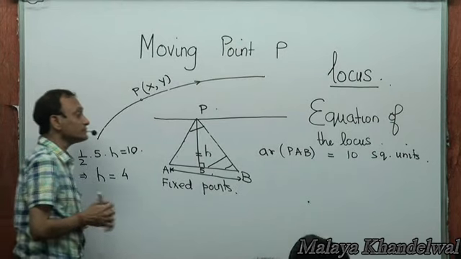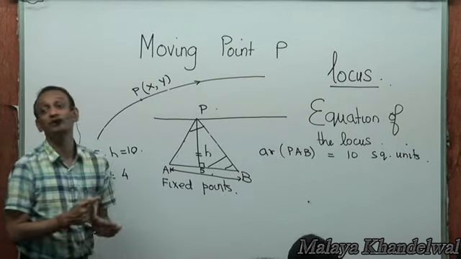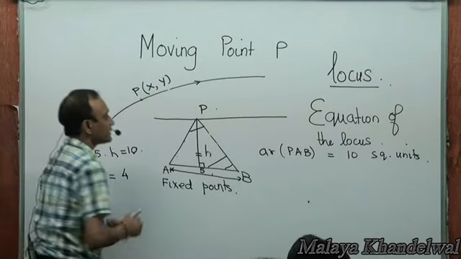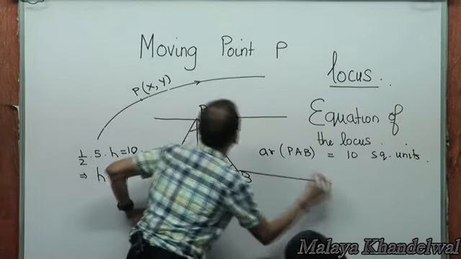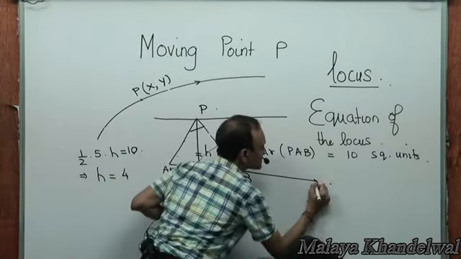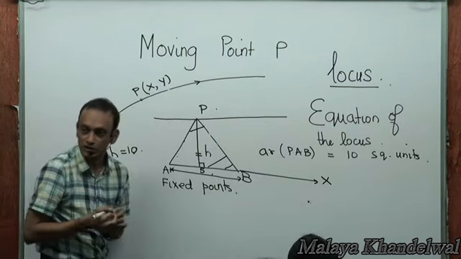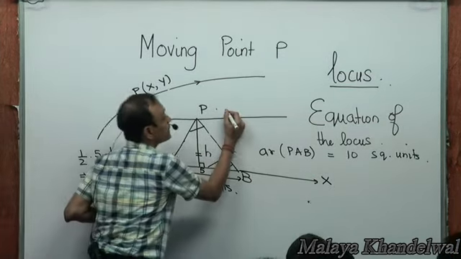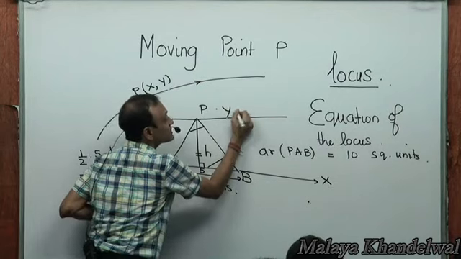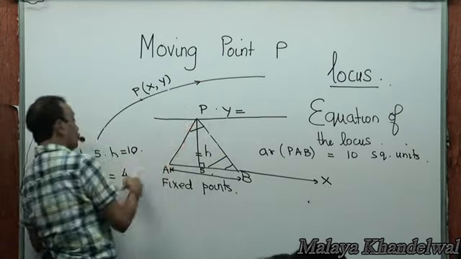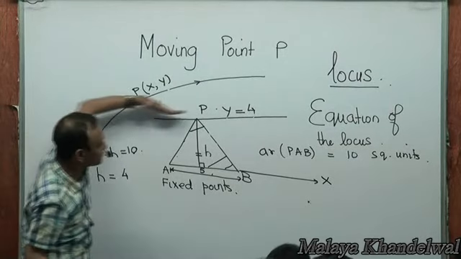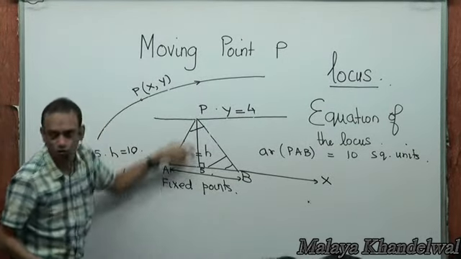So, if A and B, let's say, were lying on the x-axis, right? Then one of the possibilities is this is like y equal to 4, yes or no? This line would be y equal to 4 because h is 4 units.